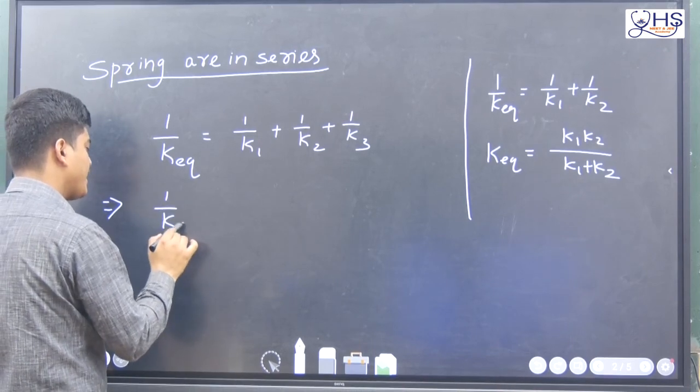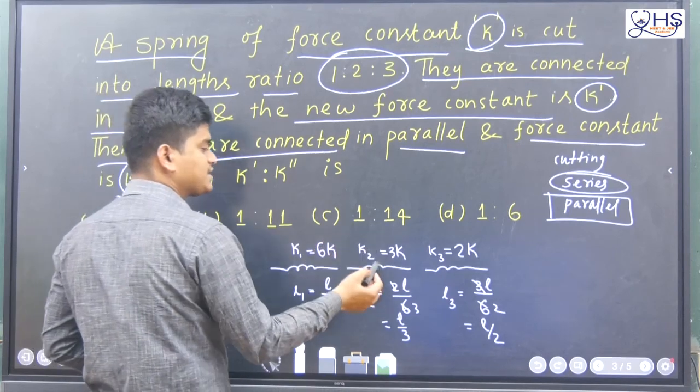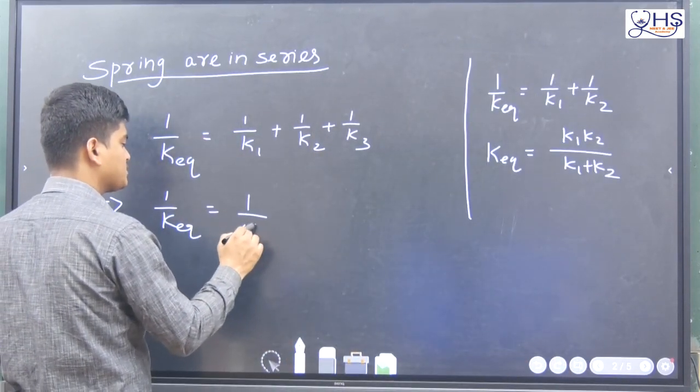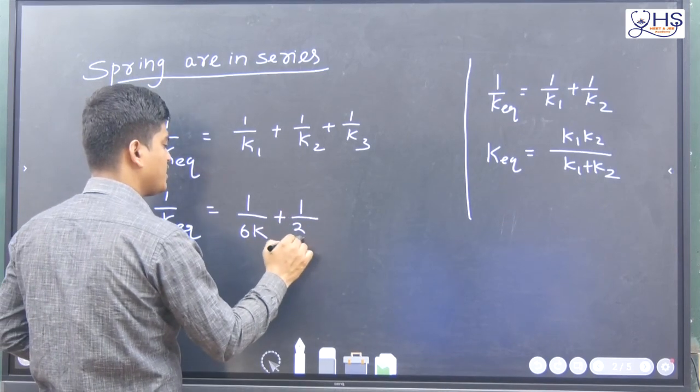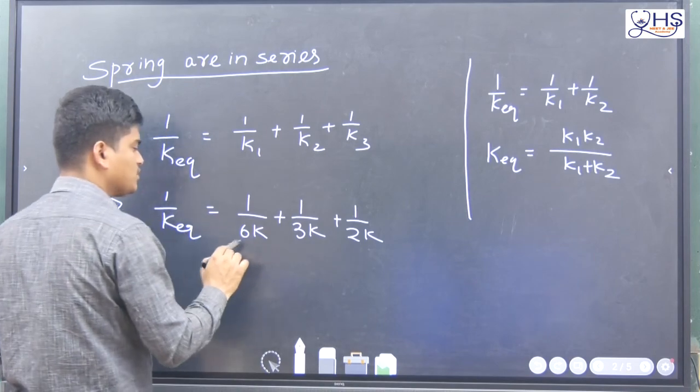So here 1 by K equivalent. Now check what spring constants are given here: 6K, 3K, 2K. So I can write 1 by 6K plus 1 by 3K plus 1 by 2K. If you calculate this, how much will come?